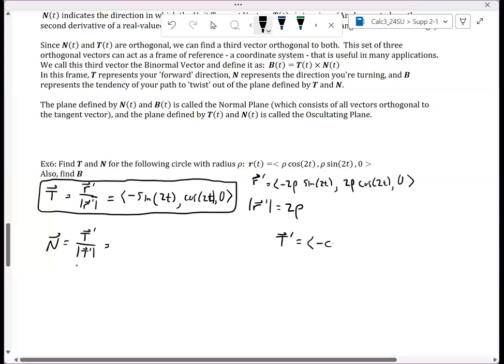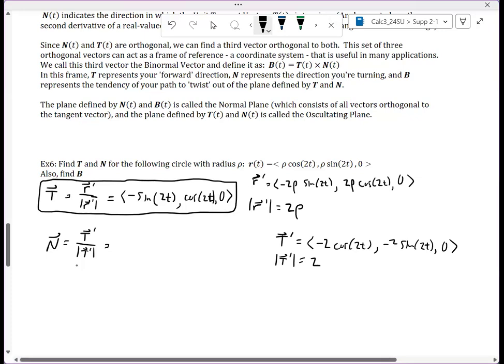That gives me negative 2 cos of 2t for the first component, negative 2 sine of 2t for the second component, and still 0 for the third. And what is length of T prime?